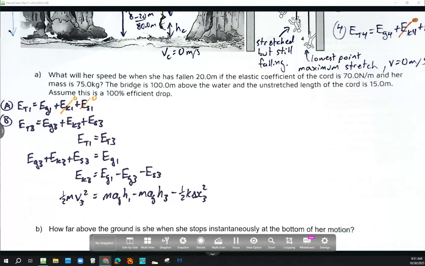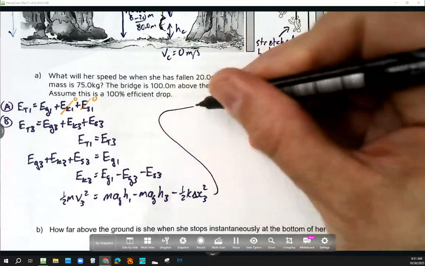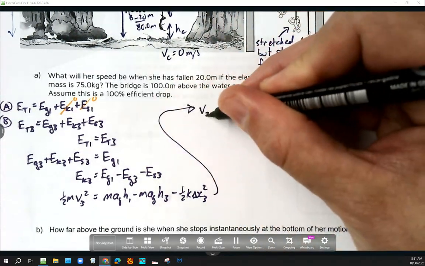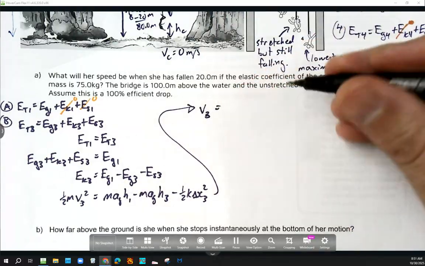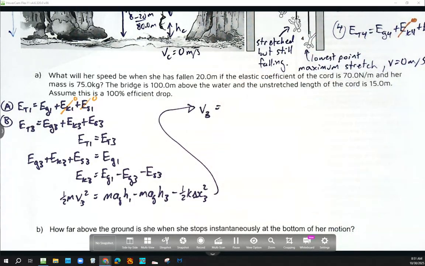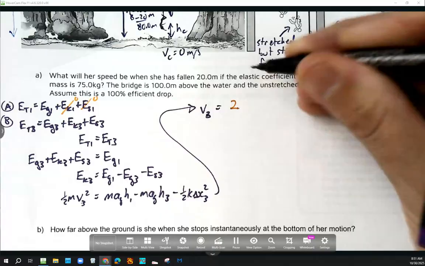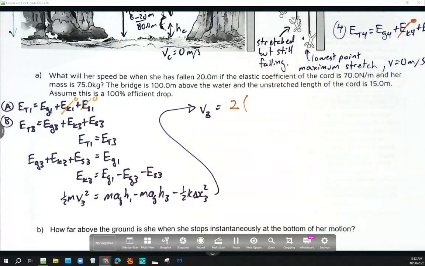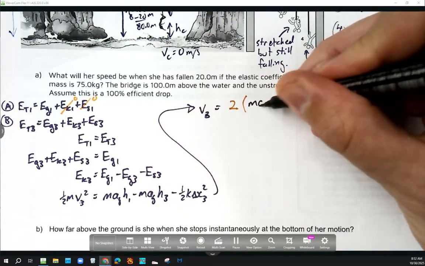I'd really like to get that V3 all by itself, so rather than calculating the kinetic energy and then subbing it into a kinetic energy equation to solve for V3, I'd like to do it all in one go, to be a little more mature about things. So I'm going to isolate for V3. V3 is equal to, and when I take that 1/2 over to the other side, it'll be 2 times all that stuff that was already on the right-hand side.